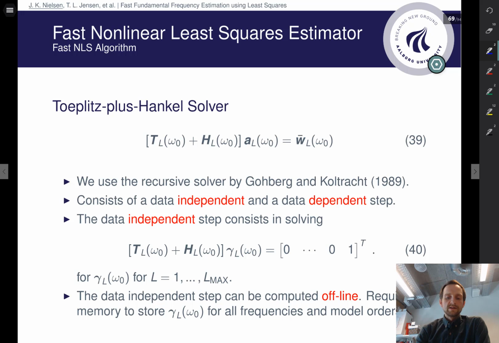So in the data independent step, we simply solve a problem like the one we have in equation 40. So you can see this doesn't depend on the data here, so we can compute this offline before we compute the data, and then we only have to compute the data dependent step for every new data point, and that will reduce the complexity even further.